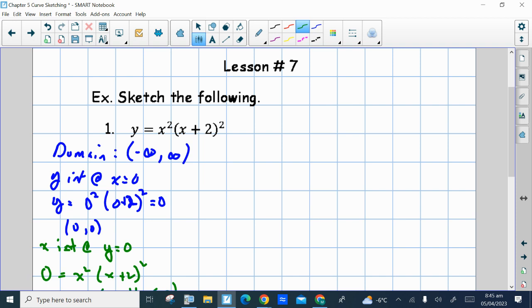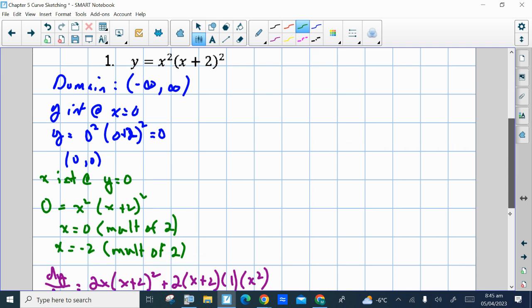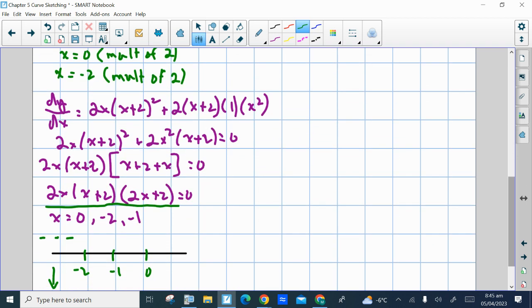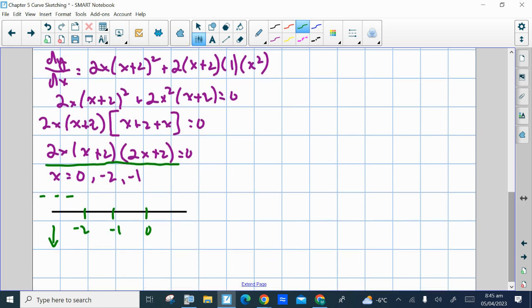The x in the bracket will also be squared, which will give us an x to the 4th. It'll be a positive 1x to the 4th will be our first term. Because the degree is even, it'll act just like a quadratic with an initial coefficient that's positive. It'll open upwards. This graph will rise to the left, rise to the right, and that is if you're going right to left. So if you're going left to right, it'll fall in that first interval, which we've just confirmed actually happens.